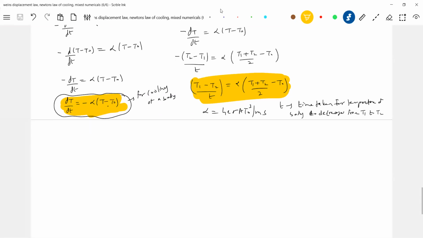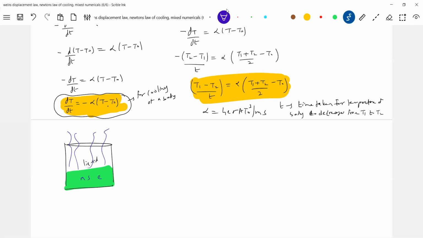Suppose this is the container, or this is a liquid which is there in a calorimeter. This liquid will have mass, specific heat, emissivity, and it will cool down. Temperature of the surrounding, let it be 30 degrees Celsius.